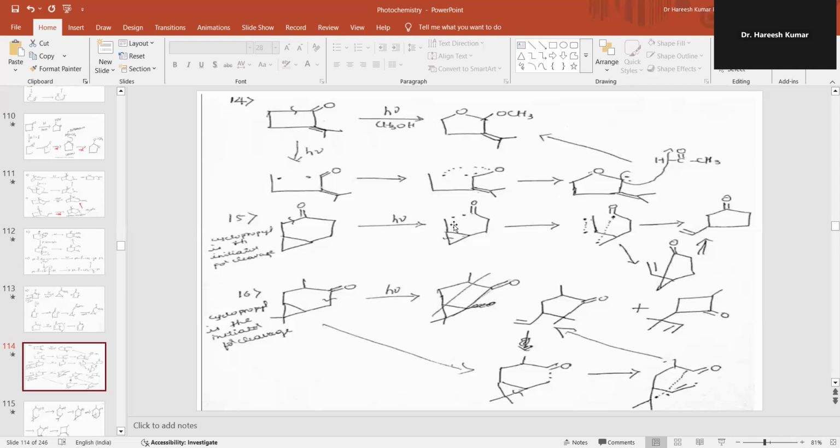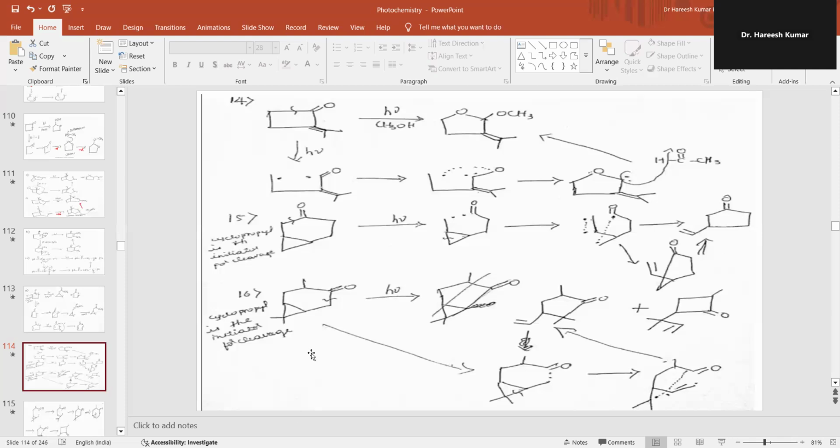That means here one double bond is forming, and then cyclization from this carbon radical to this radical. So cyclization forms a compound called vinyl cyclobutane.